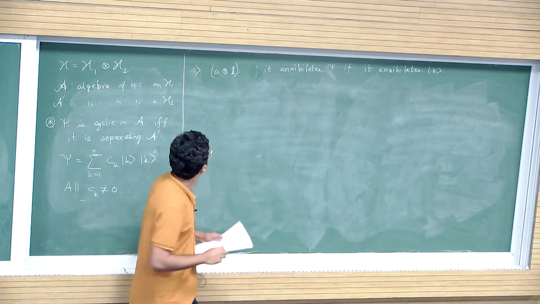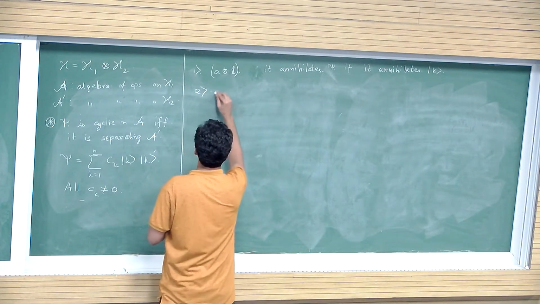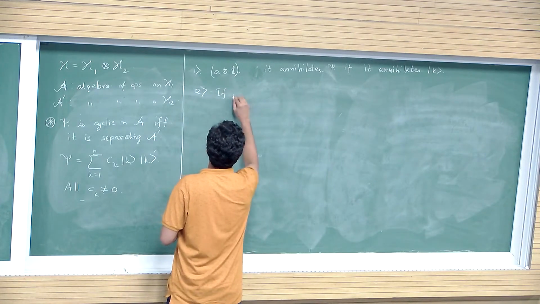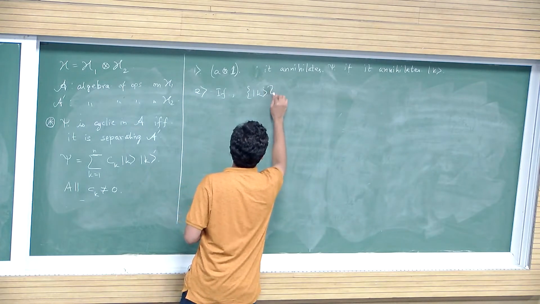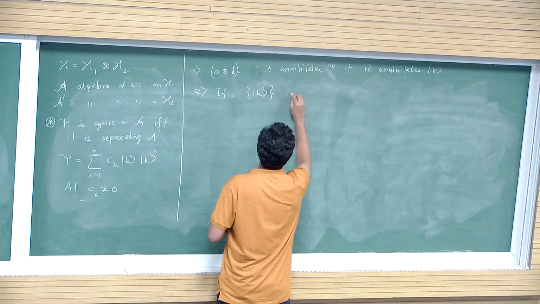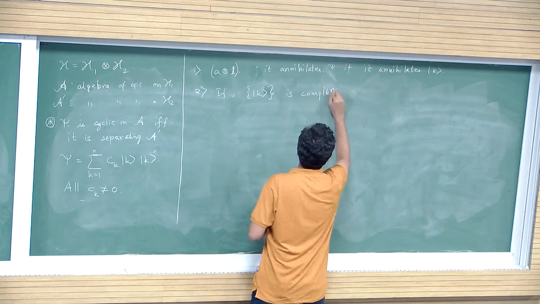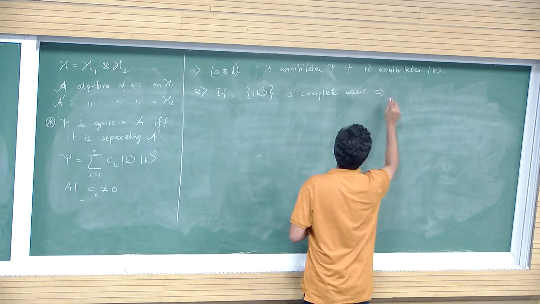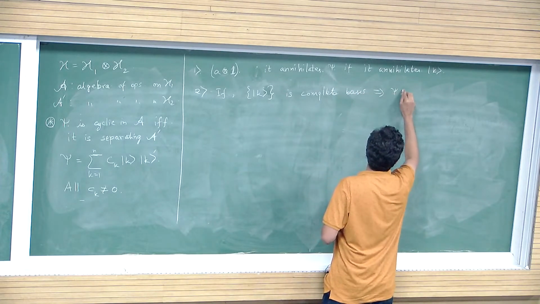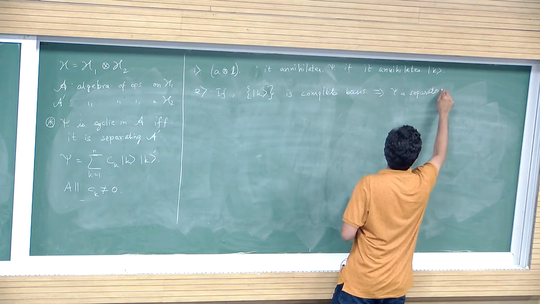So if K is a complete basis, then essentially this implies psi is separating. Okay?